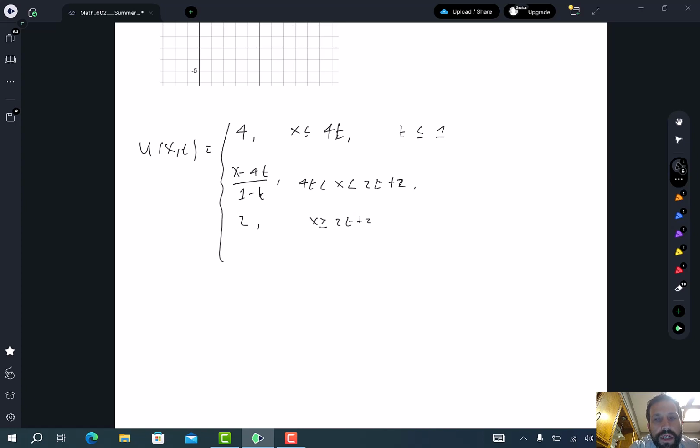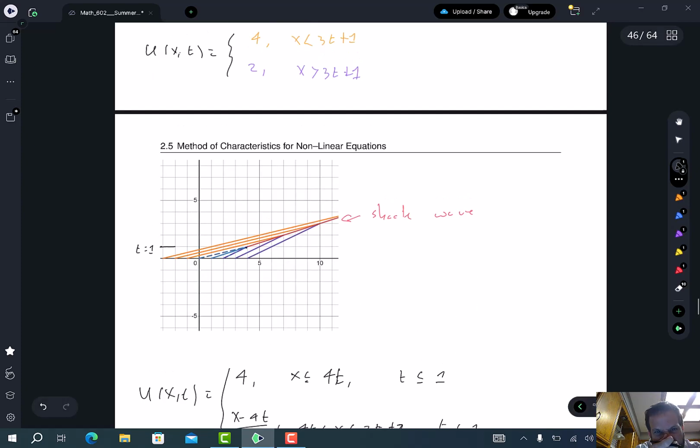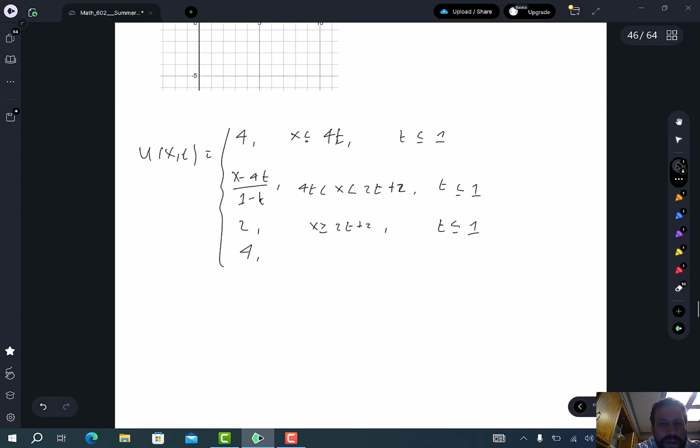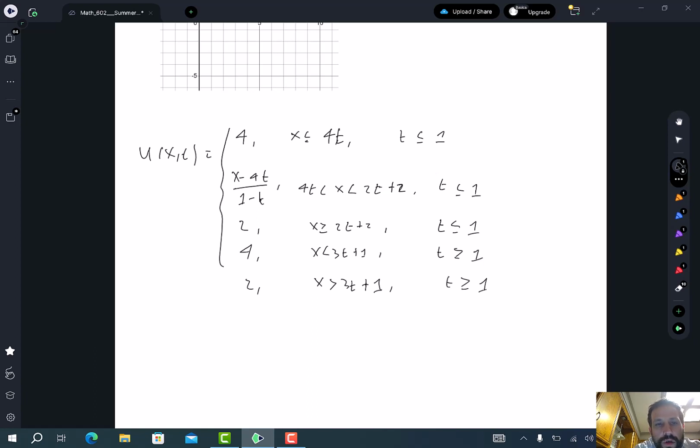All of these are for t less than or equal to 1. Then it'll be equal to 4 when x is less than 3t plus 1 and t is greater than or equal to 1, and 2 when x is greater than 3t plus 1 and t is greater than or equal to 1.